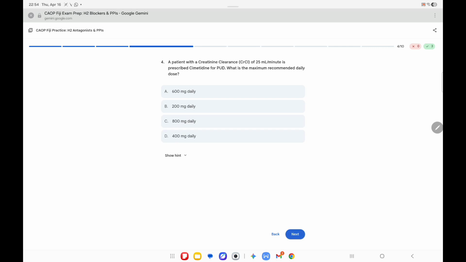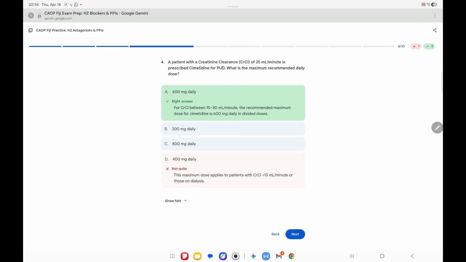Let's go next. A patient with creatinine clearance of 25 ml per minute is prescribed cimetidine for PUD. What is the maximum recommended daily dose? So it's 800 milligram daily, but clearance is less than 30, so I think the dose will be 400, meaning half of the dose.